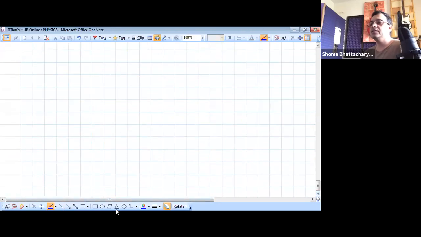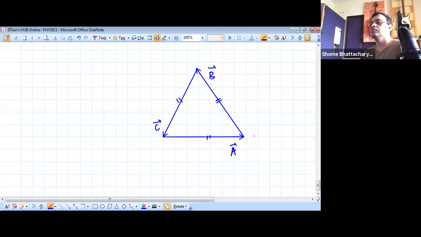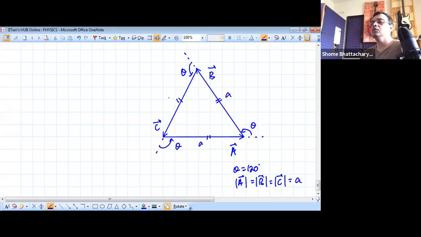So when you draw these vectors head to tail, you will get that particular equilateral triangle. Let's say the side length is some small a.